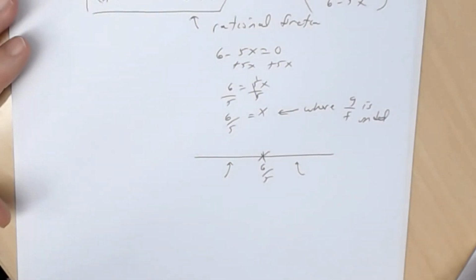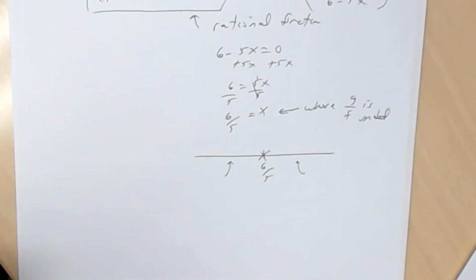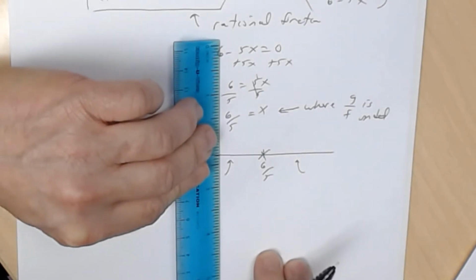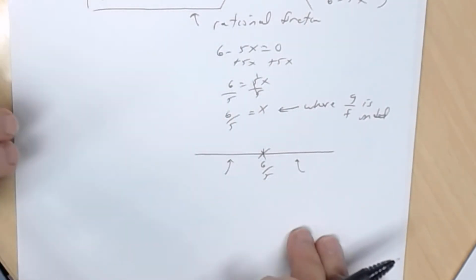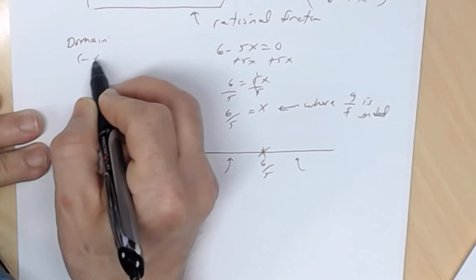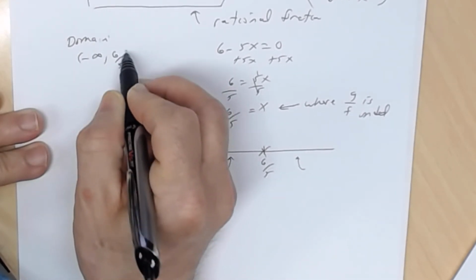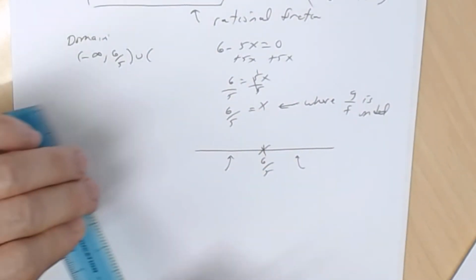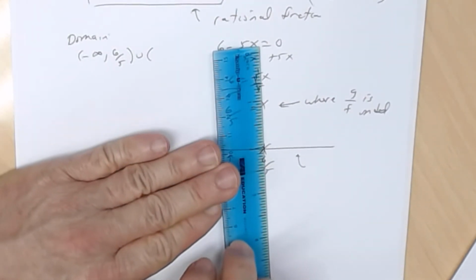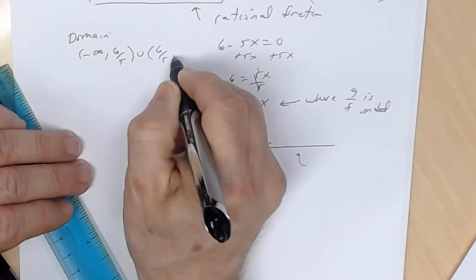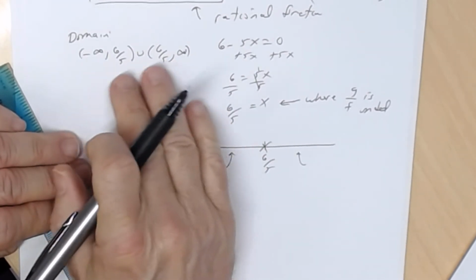So when I look at this in terms of the values for x, I could say it will be from negative infinity all the way to 6/5. So the domain will be negative infinity to 6/5, parentheses, and then union, and then the other part will be from 6/5 to infinity.